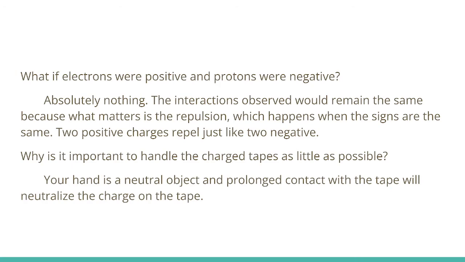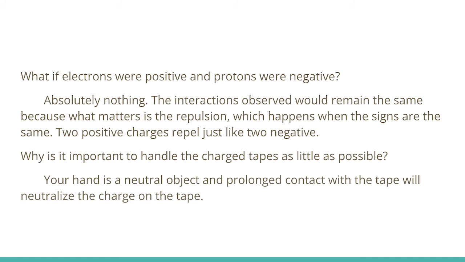So we had these extra questions. What if electrons were positive and protons were negative? What would change in our situation here? And the answer is just absolutely nothing. Because what matters here is not whether it's positive or negative. It matters that the two pieces of tape are the same sign.